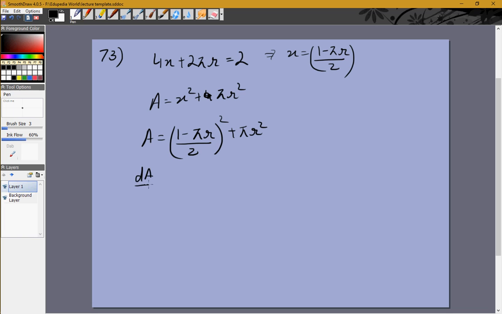And now we need dA by dr to be 0 so that A is minimum. This is equal to 2 times (1 minus pi r by 2), I'm using the chain rule, into minus pi plus 2 pi r.